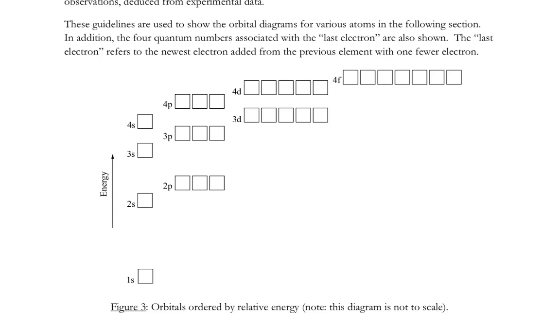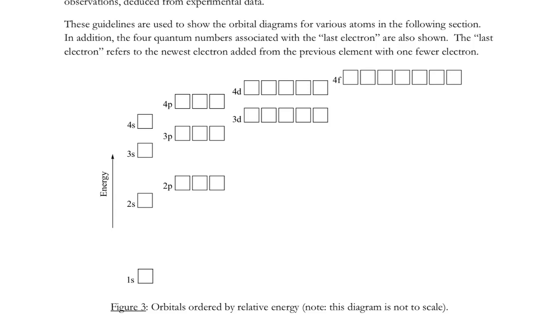Then we go to the n equals 2 shell, and we have the 2s atomic orbital. A little higher in energy, we have the 2p atomic orbitals. Then we go to n equals 3, and we have a 3s atomic orbital, the 3p atomic orbitals, and the 5 3d atomic orbitals. When n is 4, we have a 4s atomic orbital, 3 4p atomic orbitals, 5 4d atomic orbitals, and 7 4f atomic orbitals.